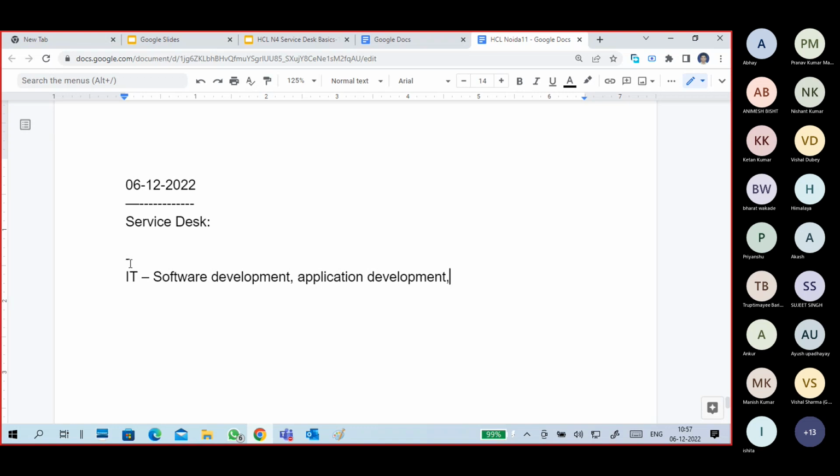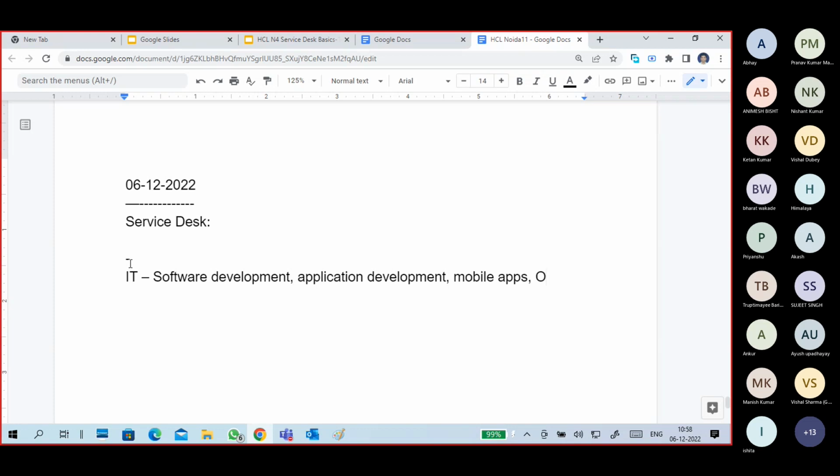We don't do it generally. A Python developer uses Python programming and develops an application, right? So there is application development, mobile application development, mobile apps, and mobile-related operating system development.